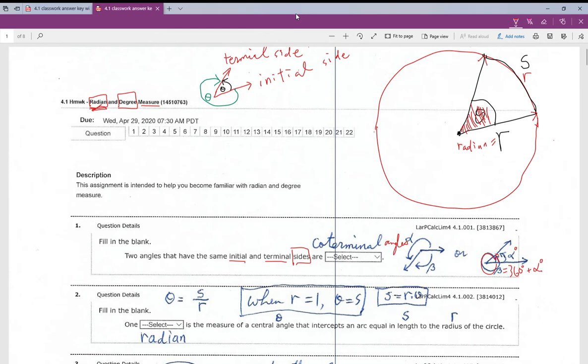We say angle equals 1. It's kind of weird, there's no unit. If you insist on writing a unit, we say 1 radian. That's how you denote it. It's not 1 degree, it's 1 radian. Now, what we want to learn is how you convert 1 radian to how many degrees. That's interesting, right? 1 radian equals how many degrees?